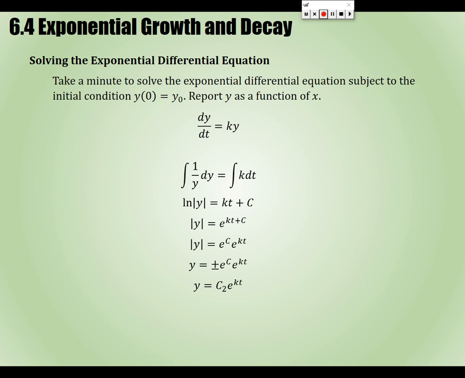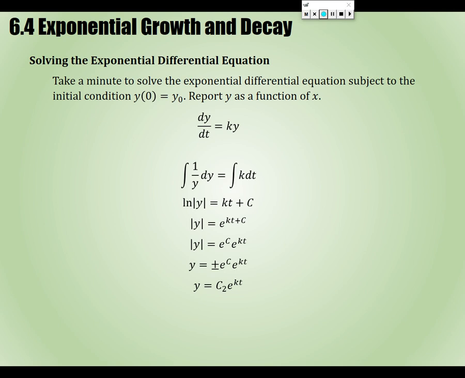So maybe we call that C2. Or you can just call it C if you're fine with understanding that it's a different C than in the previous line of the work. That's fine too. Just realize that it's all just a constant, you guys. Smush it all together. It's some number times e to the kt.